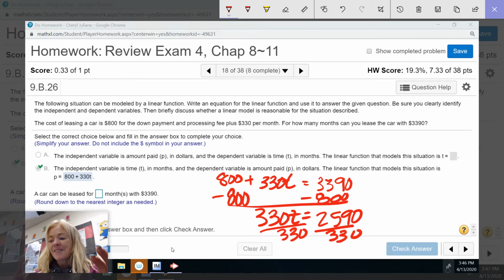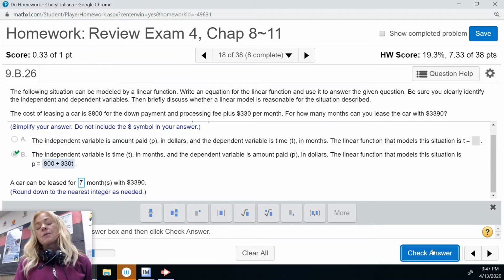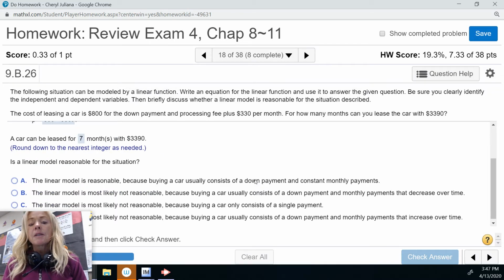Yep. All right, so I get 7.8. So you don't quite get 8 months. You're going to have to round down to 7 months. So let me type that in because you won't be able to make it all the way to 8 months. 7 months. All right, that was 18.